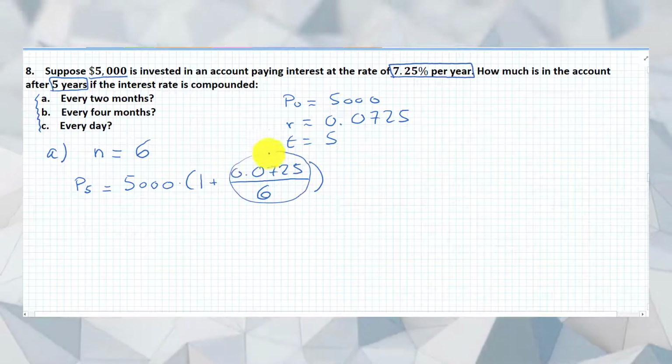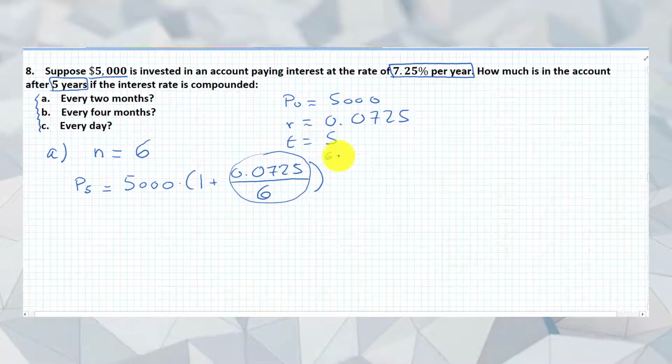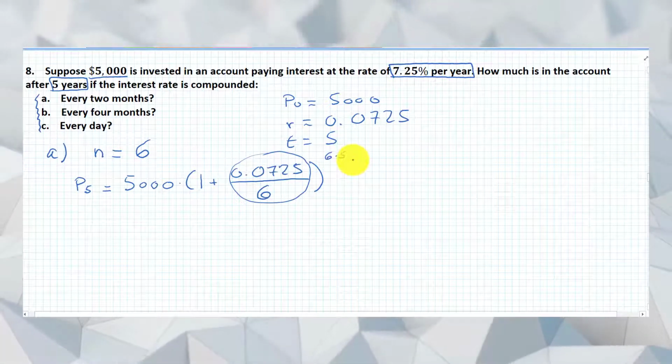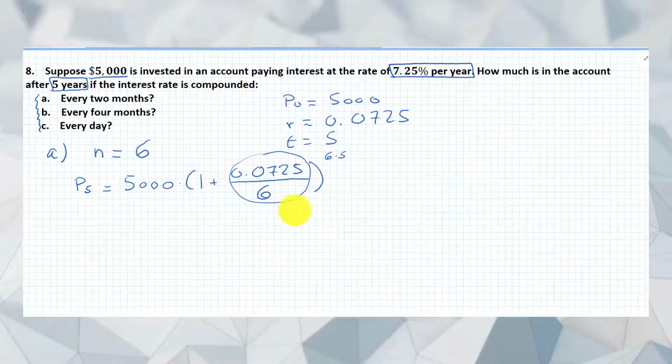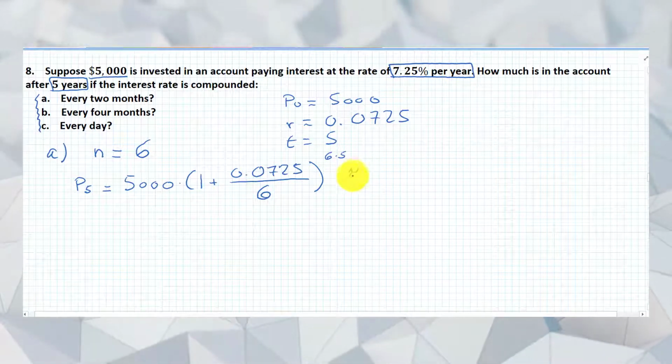This is the interest rate you're going to add, to the power of 6 times 5. All right, there are 30 compounding periods. So what is this amount?